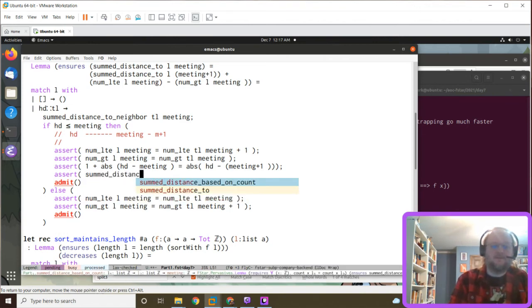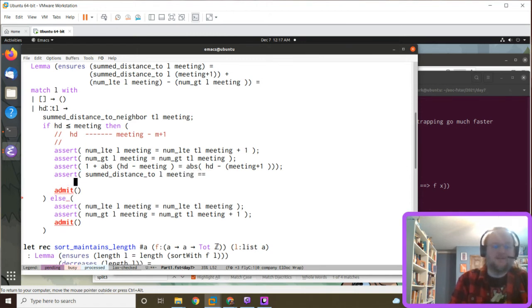Sum distance to L meeting equals. These should both fall out.